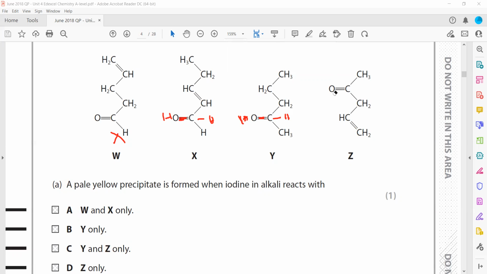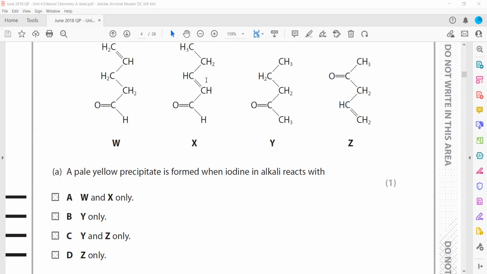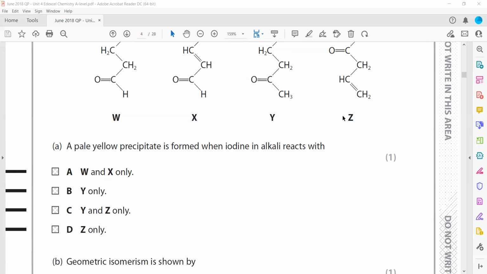As a result, the OH will be attached here and H will be attached to the other one.